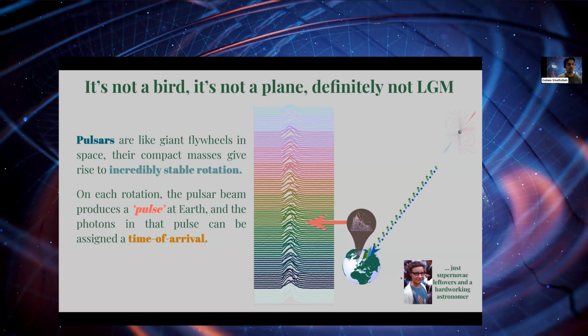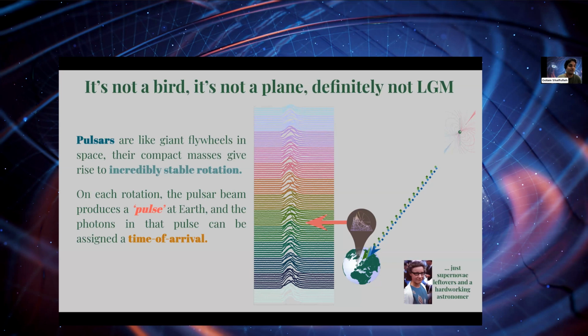Most likely you will not pick it up because it's mostly in the radio regime. But if you are lucky enough to have a convenient radio telescope at your disposal, then you would see this beautiful pulse emission from these objects.